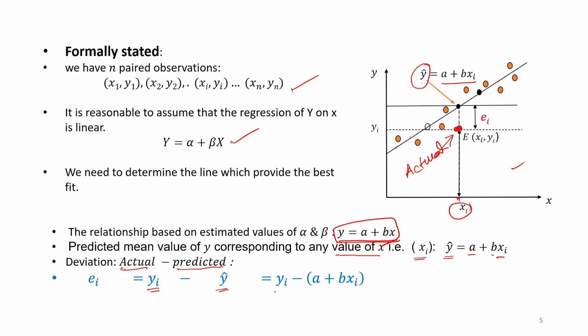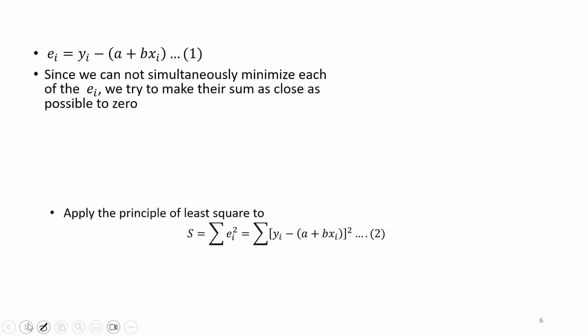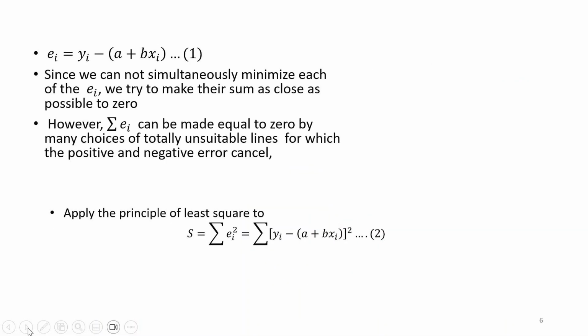And we write what? yi and y hat equal to a plus bxi. So this is my error. Now, ei equal to yi minus a plus bxi, as we have written on the previous page.